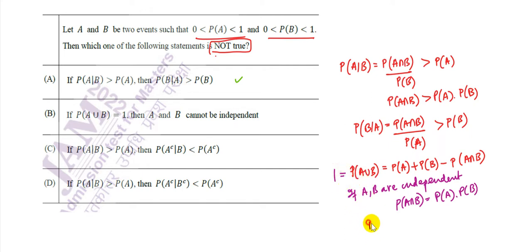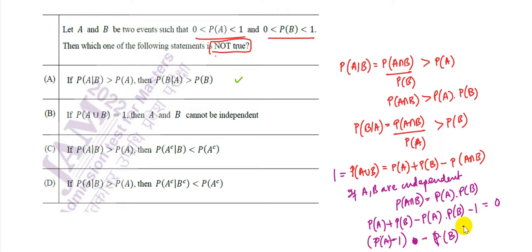So you get probability of A plus probability of B minus probability of A into probability of B minus 1 equal to 0. So that means probability of A minus 1 into probability of A minus 1 plus, or rather minus probability of A minus probability of B into probability of A minus 1.